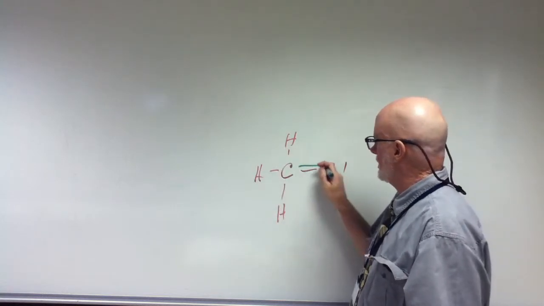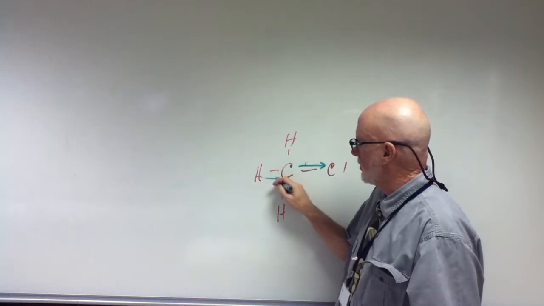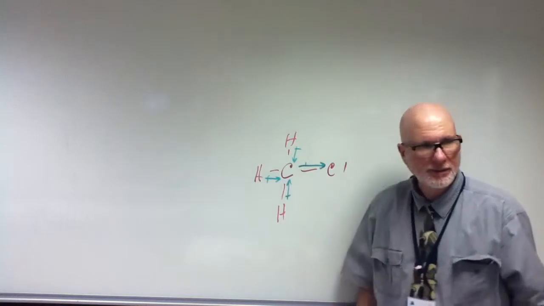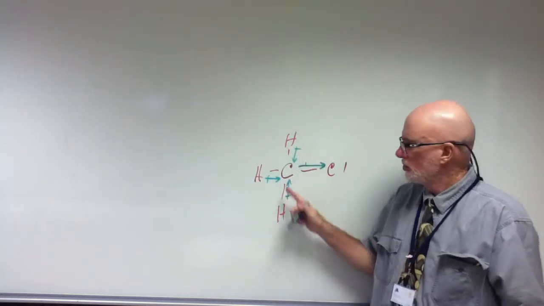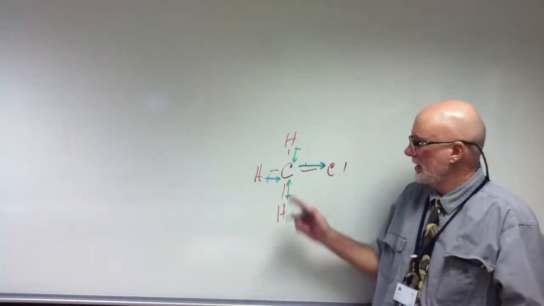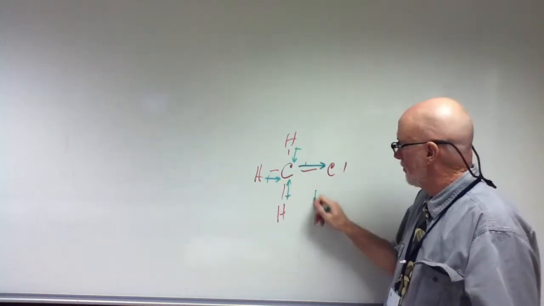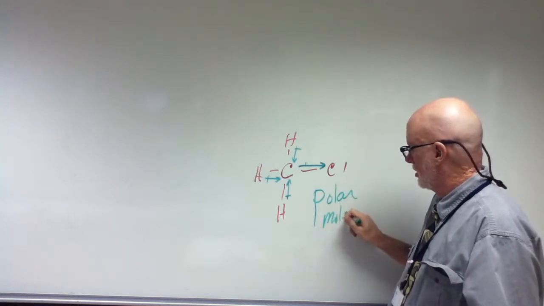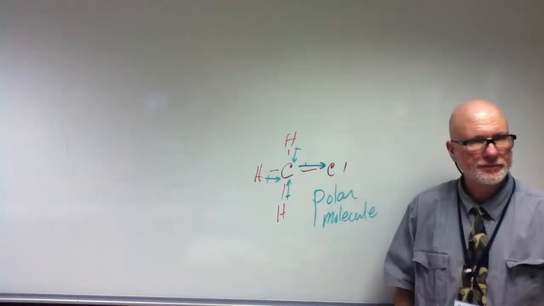So this is going to be this way, this is going to be this way, this is going to be this way, and this is going to be this way. Correct? These two cancel, do they not? Yes. They're equal and opposite. Do these two cancel? No. Absolutely not. So what would you say about these two? These create a polar molecule.